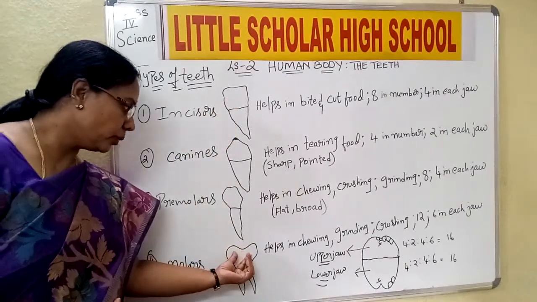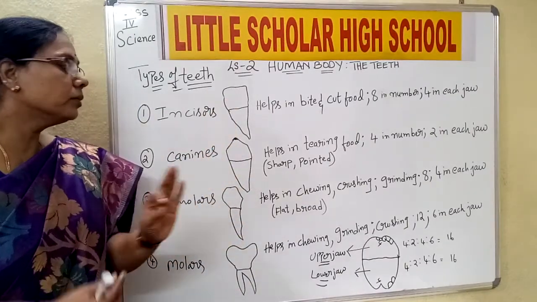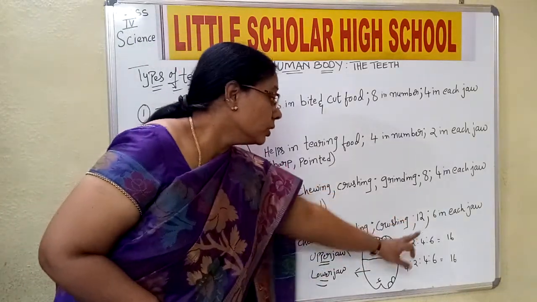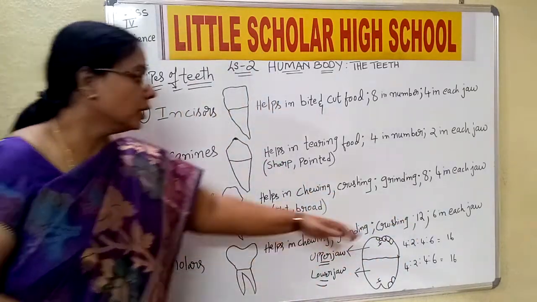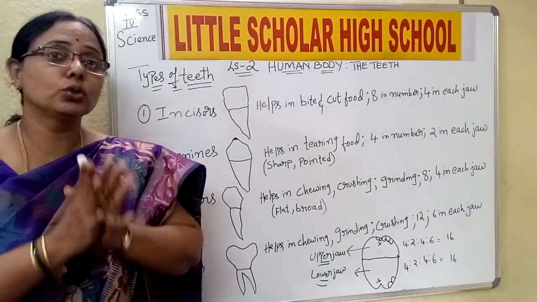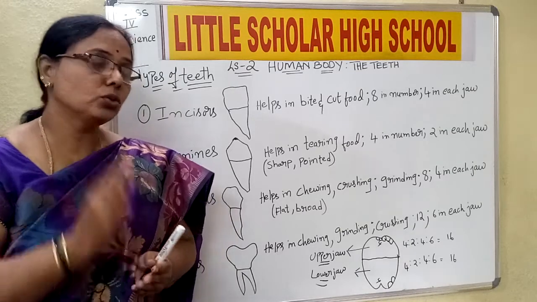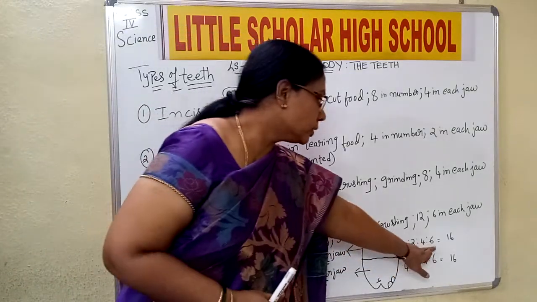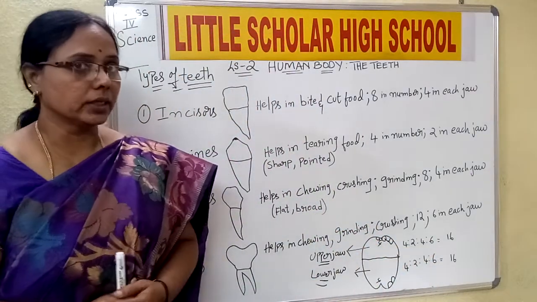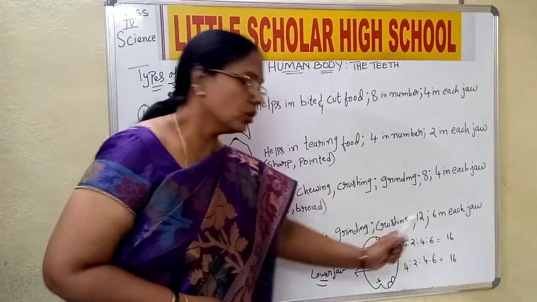These are the broadest ones, and canines are the pointed ones. Now how many are there in number, children? See, molars are 12 in number, and this 12 is divided into 6 and 6. Upper jaw 6, lower jaw 6, upper jaw 6, lower jaw 6.